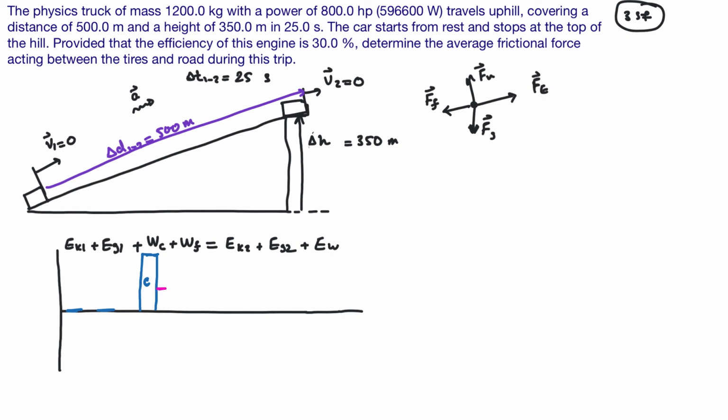So about 30% of this is going to go to the engine. So this is the fuel. 30% of it is going to go to the engine, and 70% of it is going to go to waste. And I can right away include that wasted energy right here.